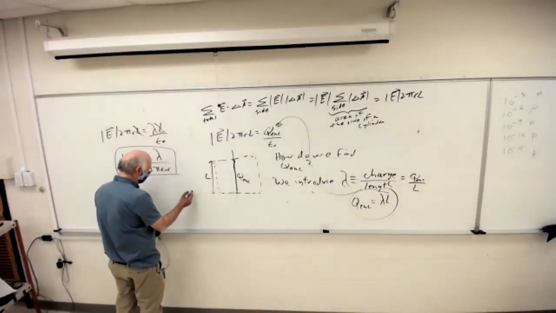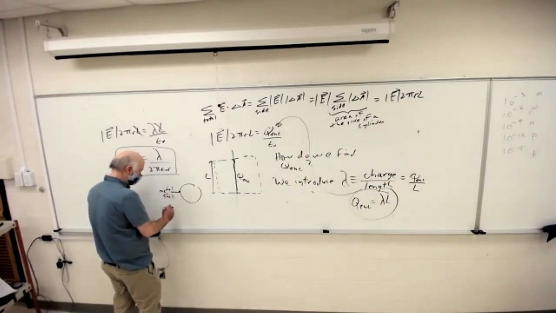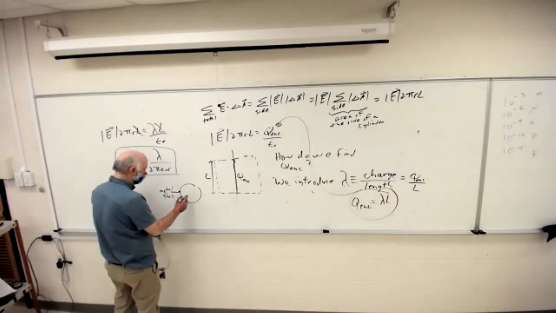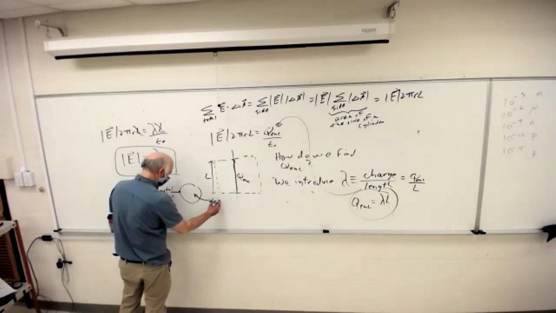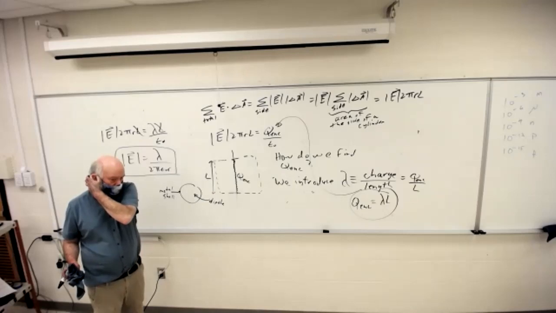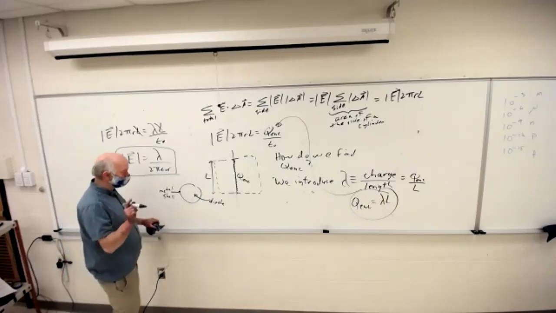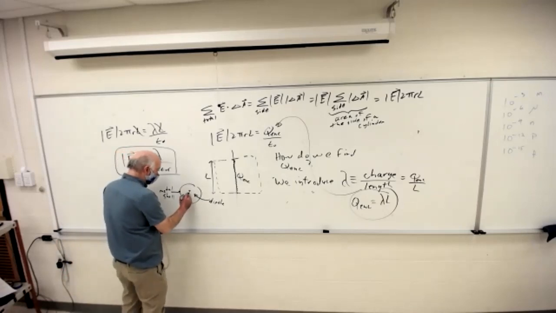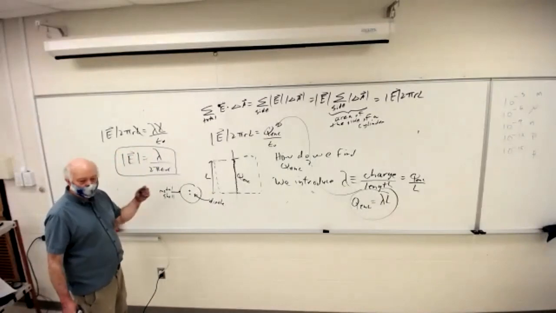let's say here's metal. This is a metal shell. I'm going to put in the very center of this a dipole. The dipole is going to be a positive and negative charge like that. They're separated. What do you think this is going to do?